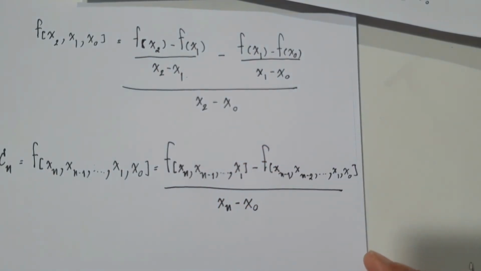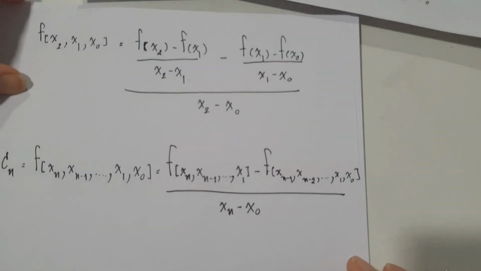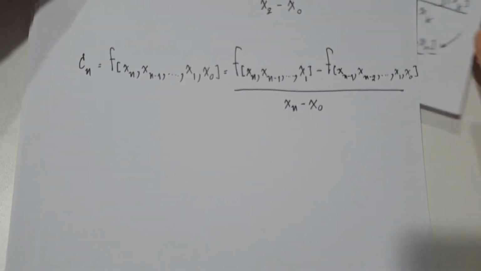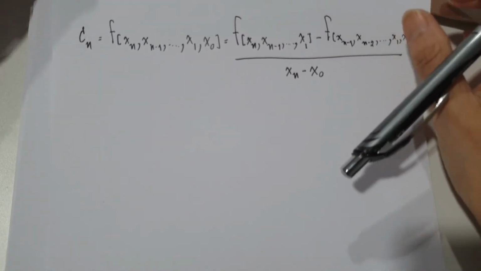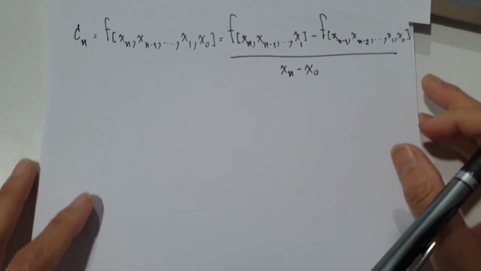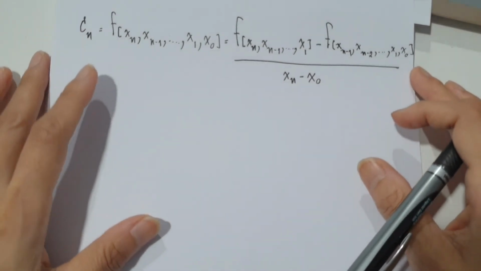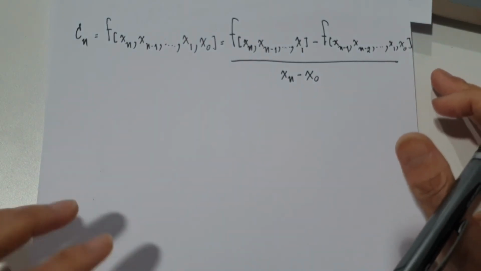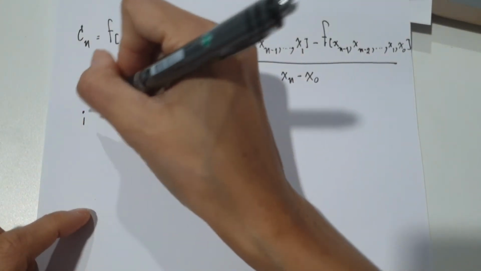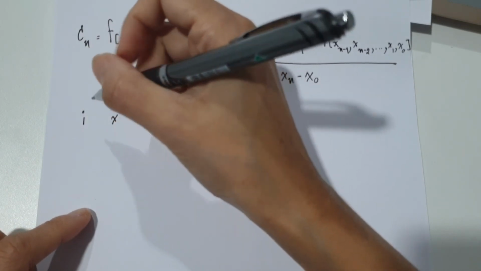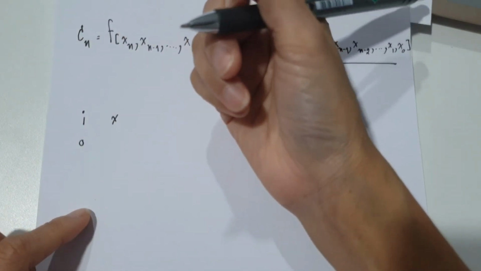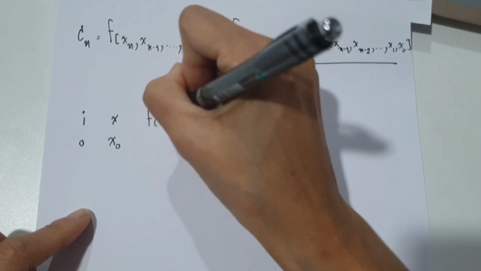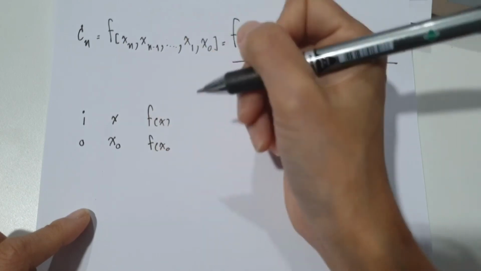Okay. So you may think that it is hard to memorize all the formulas, but I'm going to show you a technique that actually helps when using the Newton divided difference. Assume that you have data at the point i equal to 0, you get x0, and here you get f(x0).